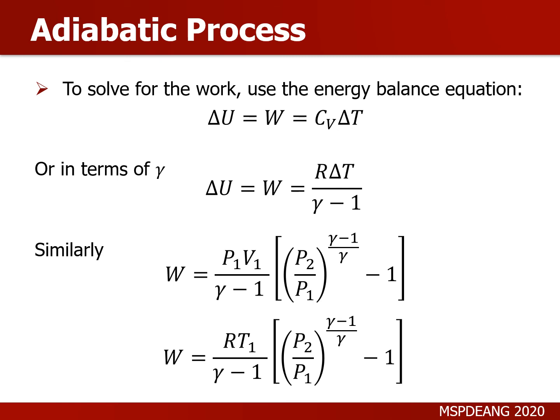So it's up to you which one you will want to use. But typically, the easiest is delta U equal to W equal to Cv dT. So just use any one of the P V gamma relationships to get temperature. Typically, you quantify all initial and final states, the temperature, pressure, and volume, before proceeding to the energy balance calculations.